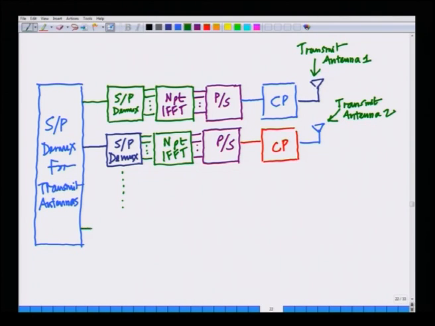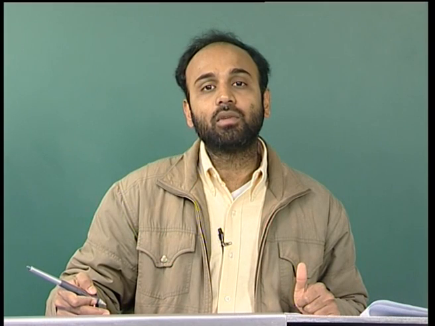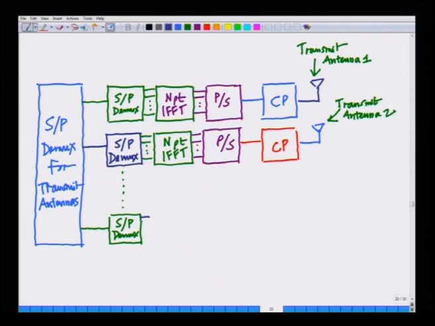So, at the Tth transmit antenna, I again have a serial to parallel demultiplexing operation, followed by a block of N symbols which are loaded onto the N subcarriers, on which I have to do an IFFT at the Tth transmit antenna, followed by the N-point IFFT.